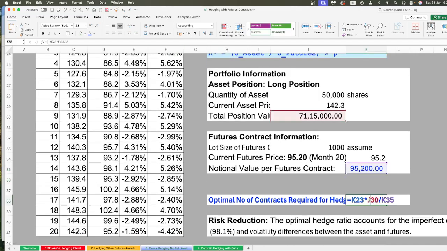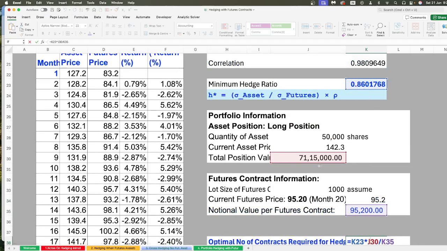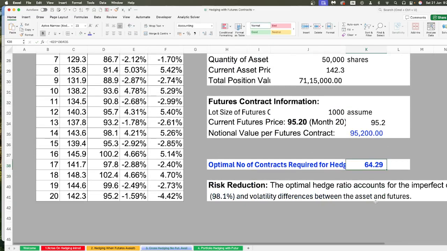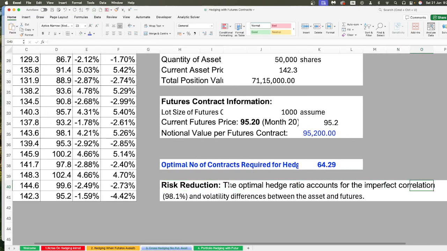Now, the optimal number of contracts is very simple. That means the minimum variance hedge ratio times the portfolio value divided by the notional value of one futures contract. So roughly you get 64 contracts to be hedged. The optimal hedge ratio accounts for the imperfection in the correlation.